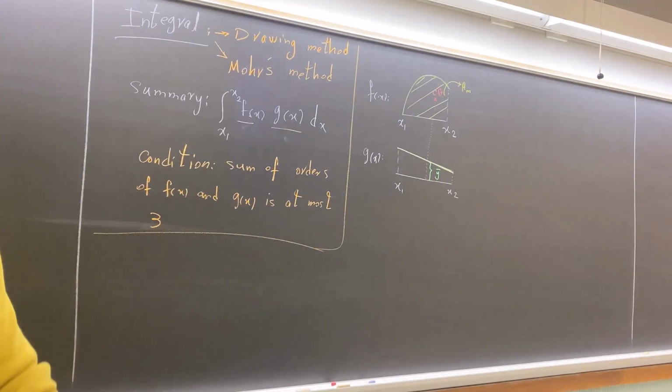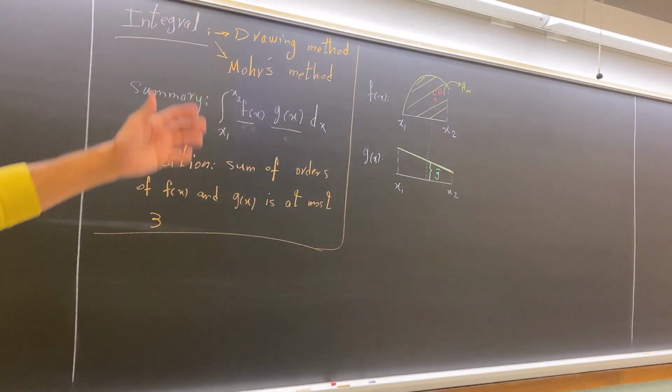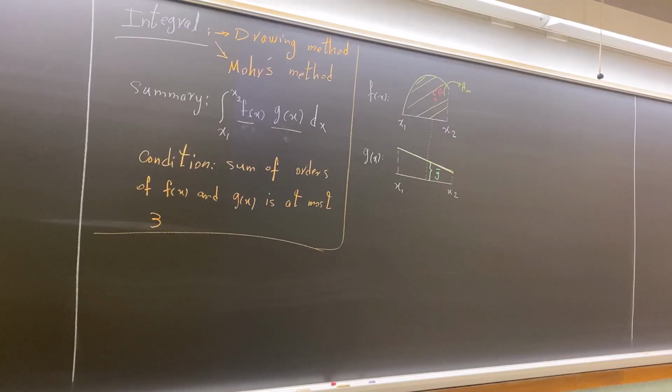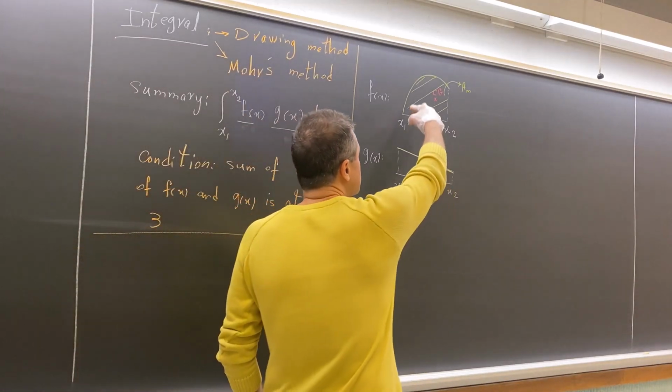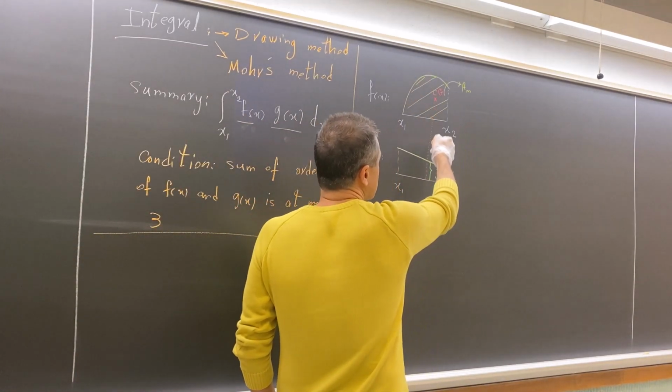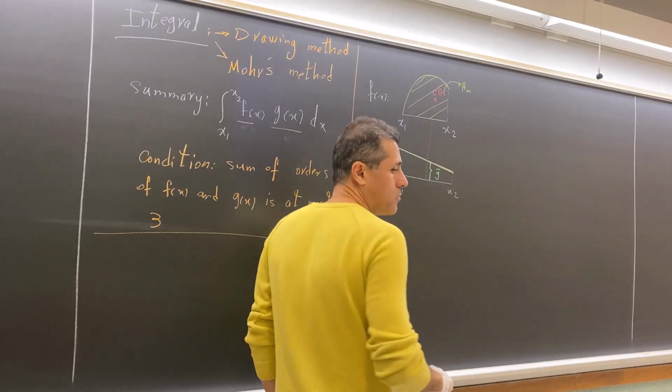Any questions so far? So you know the area under f(x). Maybe f(x) is a triangle, maybe a rectangle, or even maybe a parabolic curve. So you are able to find the area using the statics method. And once you find the centroid of this area, you draw a vertical line, and then you find y bar.